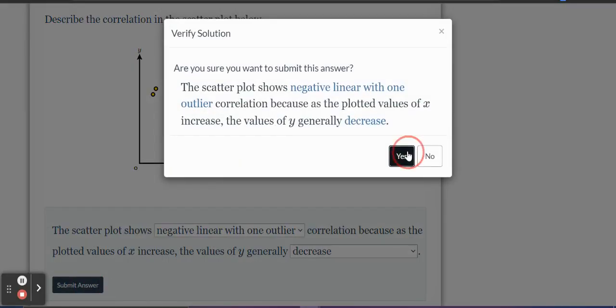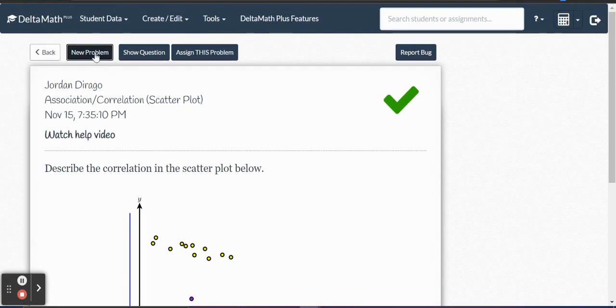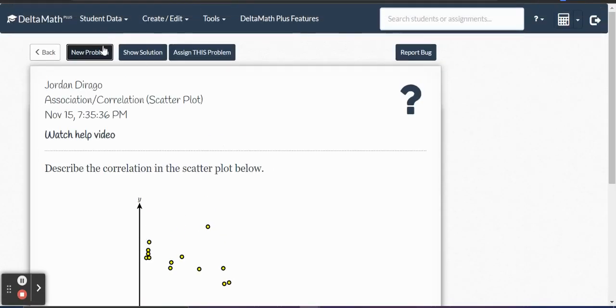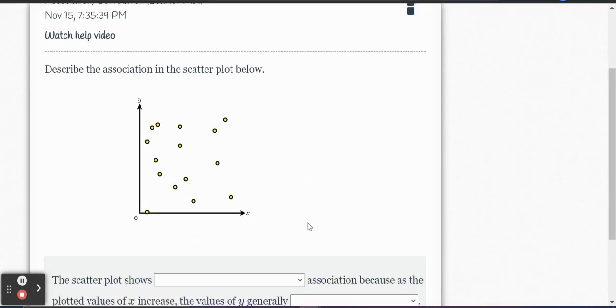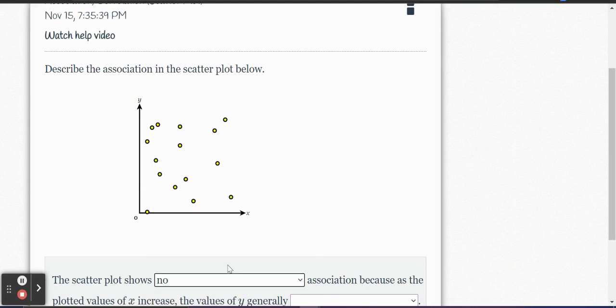Let's see if we have a new kind of problem here. Let's see. New problem. Oh, here we go. You can't really tell if this is going up or down. These are super, super scattered. All right. So I'm going to say it's no correlation, right?